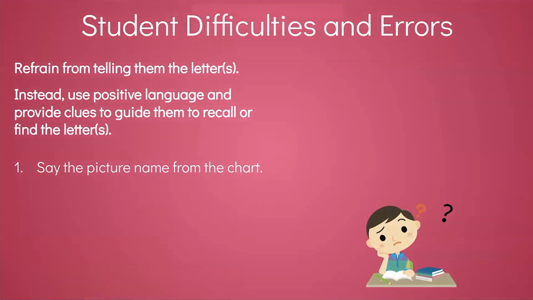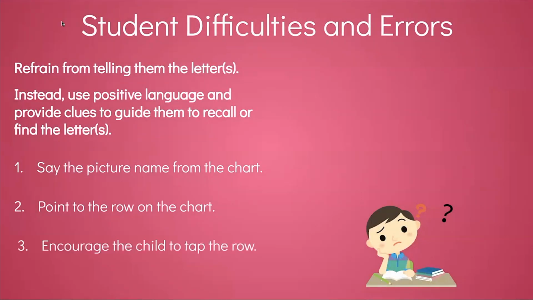Many times I have found that will prompt the brain to recall the letter. But if not, provide more support by having the chart in view and pointing to the row on the chart where the sound is. And if the student still has difficulty finding the sound, encourage them to tap each sound in the row until they get to it.